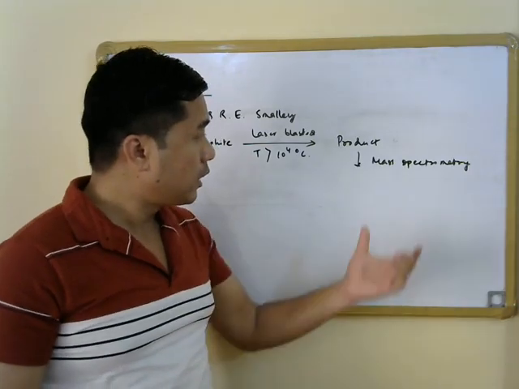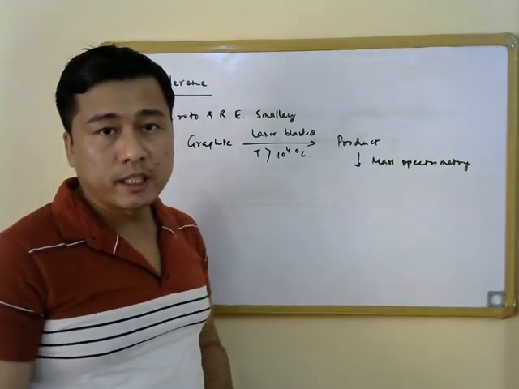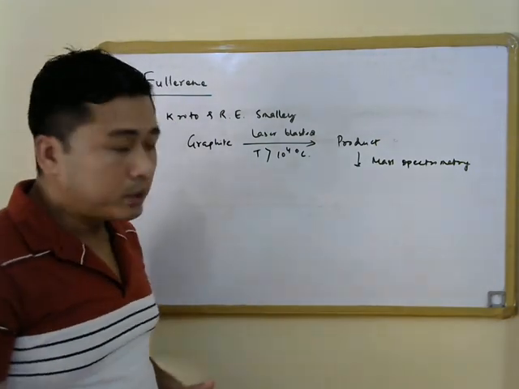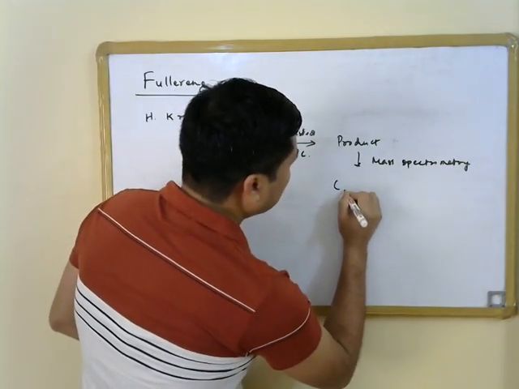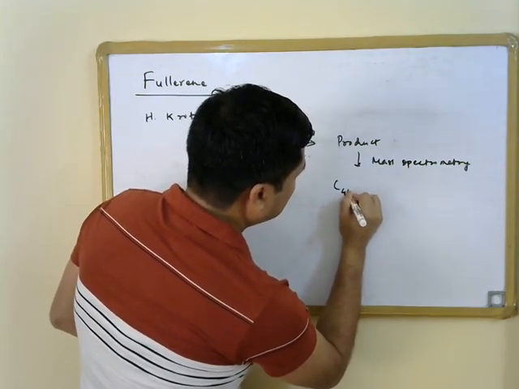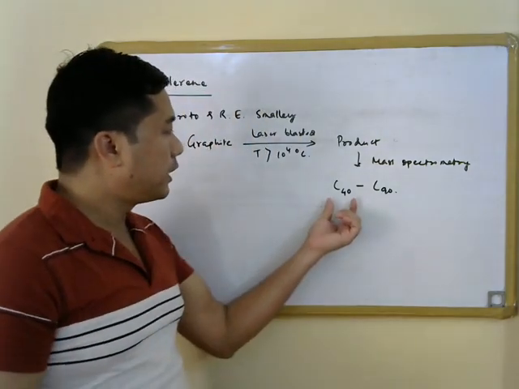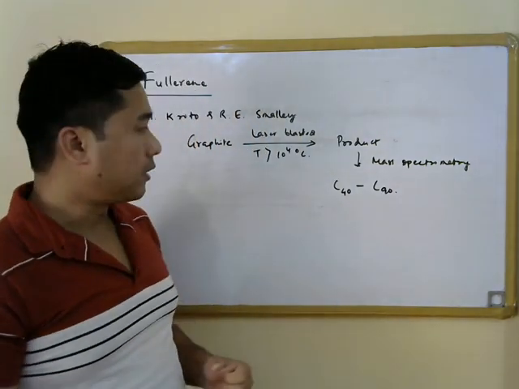When they did mass spectrometry, they found that the product contains molecules which have 40 to 90 carbon atoms.